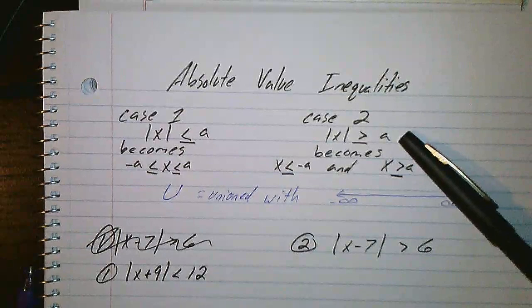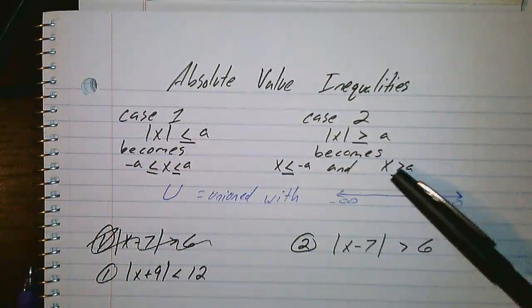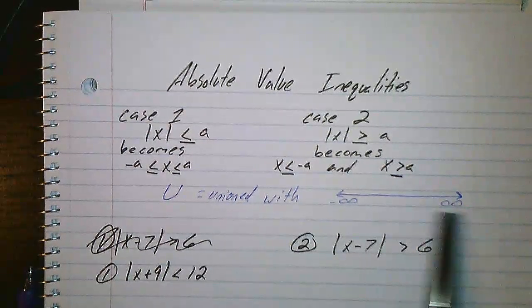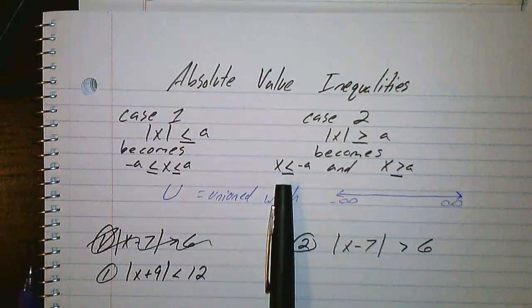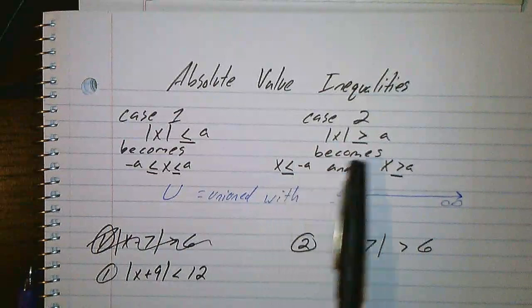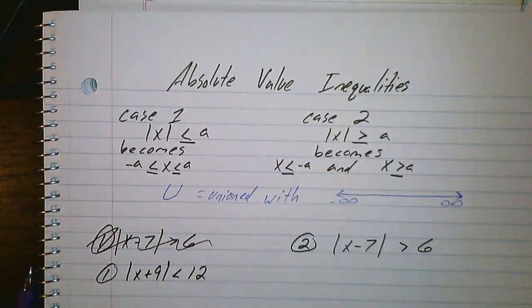So again, if it's the absolute value of x greater than or equal to a, here is x is greater than or equal to a. That's going to be the positive side of the number line. And then the second part of this case is to switch the sign and a becomes negative. And so this will be the negative side of our number line.